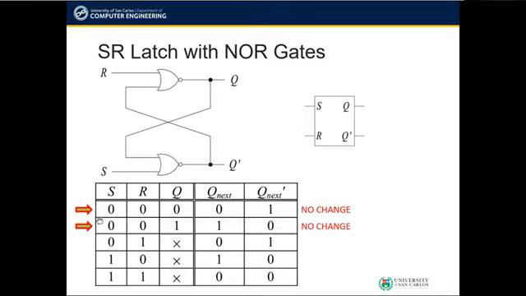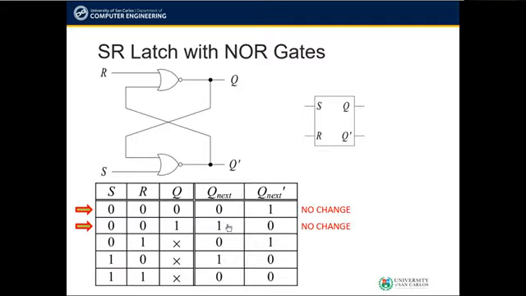Here, we can see that when the present SR inputs are 0, 0, the next value of Q as given by Q next will not change based on its present value as seen here. 0 will remain 0 and 1 will remain 1.